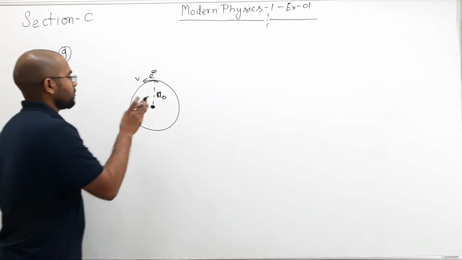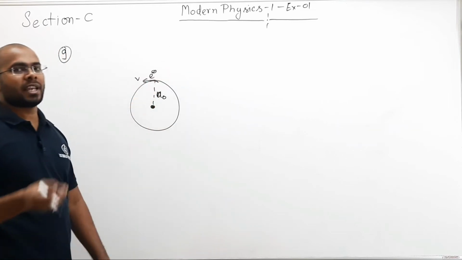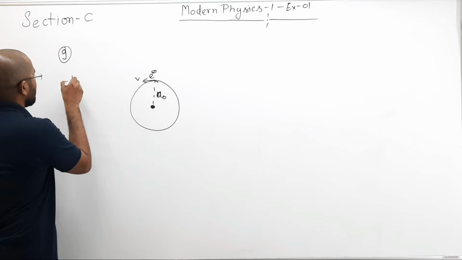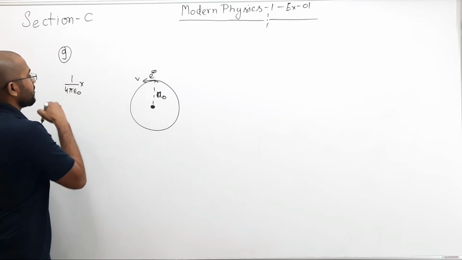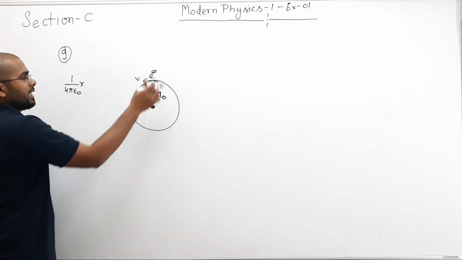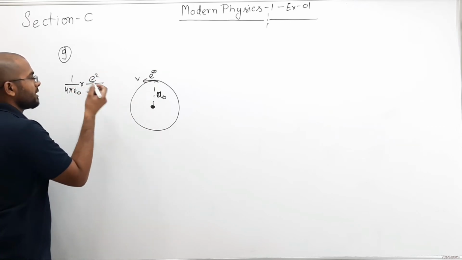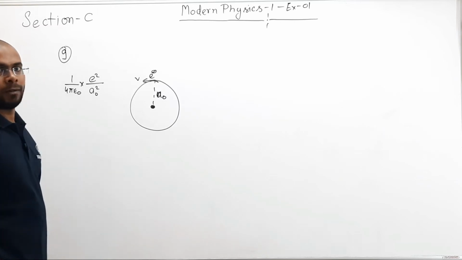So the charge on the proton, the nucleus, and the charge on the electron have the same magnitude. So what is the Coulomb force? Coulomb force can be written as 1 by 4 pi epsilon naught multiplied by charge square, e square, divided by radius square, A0 square. This is your Coulomb force.